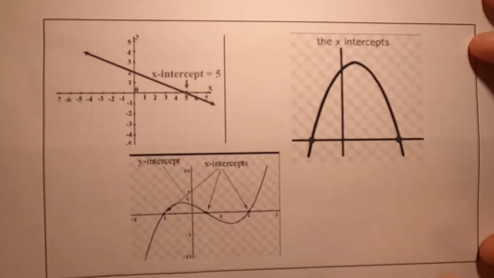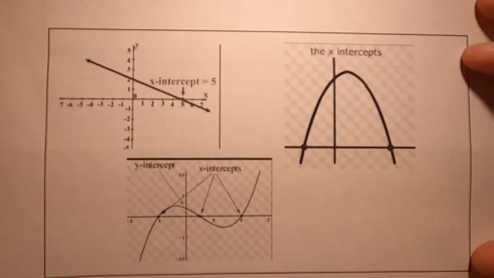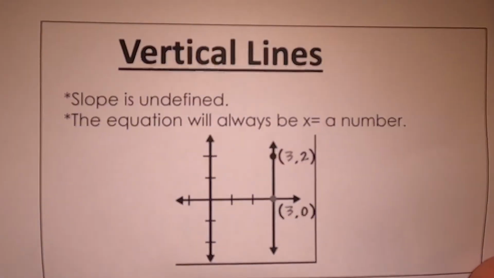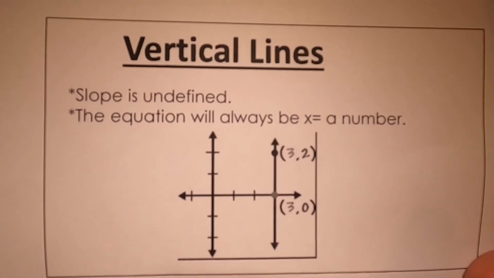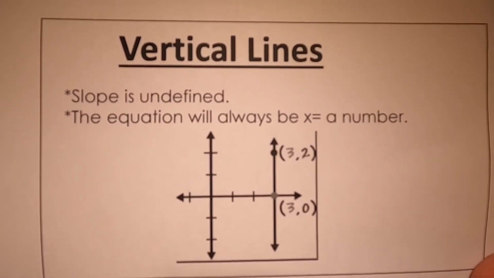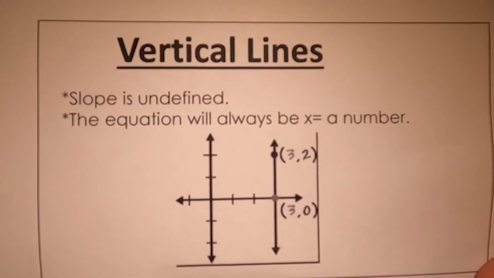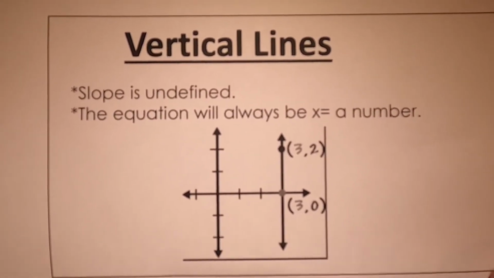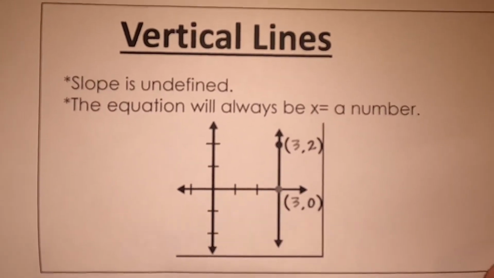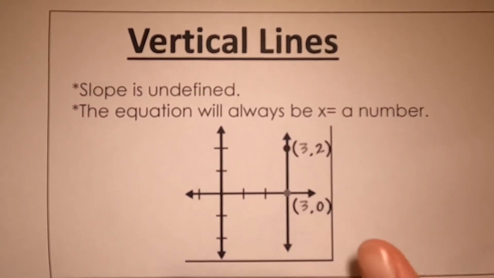But now it's going to be kind of a different process for the rational functions. You may be wondering why I'm mentioning vertical lines on this next part. If you'll recall, step 3 is to find the vertical asymptotes. Vertical asymptotes are essentially vertical lines, so I wanted to remind you of a couple of concepts with vertical lines.